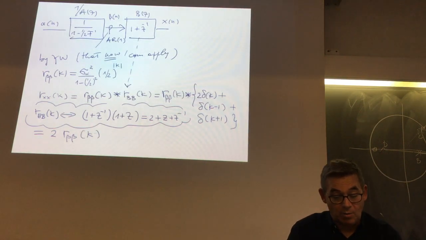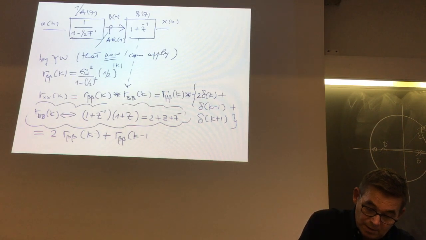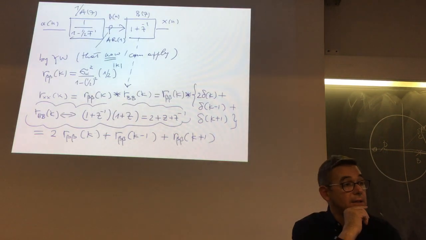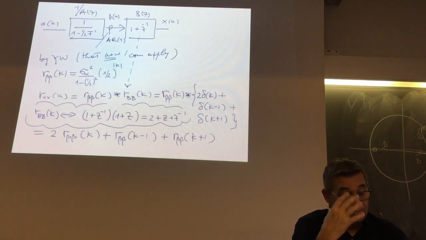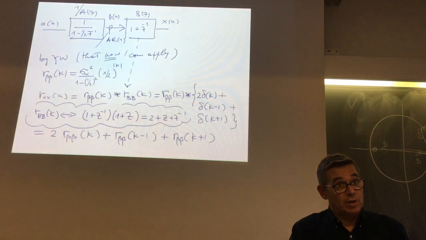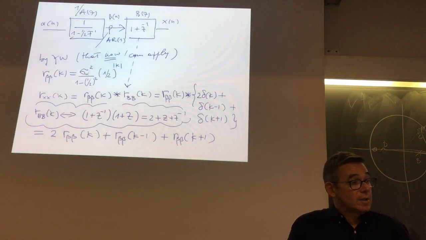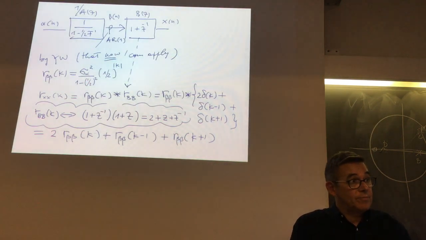Then I convolve with the second one, which is plus R beta beta k minus 1 plus R beta beta k plus 1. And that's it. So we have a closed form. Remember, now, in place of R beta beta, you use that one. Then you calculate that. You have 1 minus 1 half, you group it, and so on.